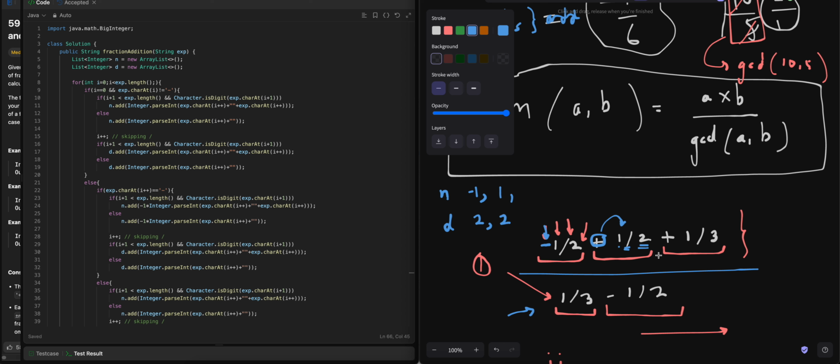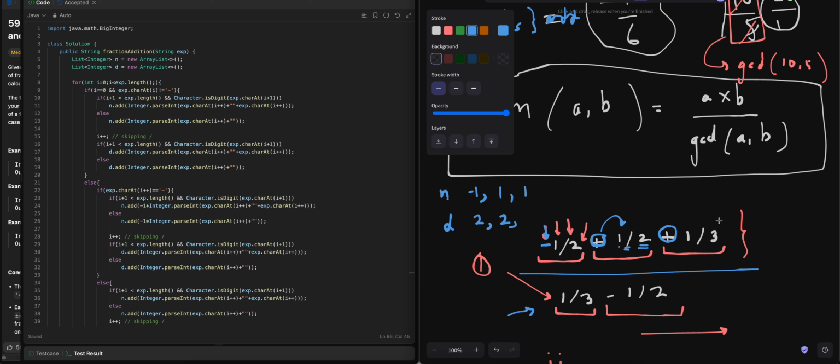Now again this is a positive sign, so we don't have to multiply the digit following it with -1. In this case it would be 1, and we check whether it is 2-digit. Since the character following it is a divide symbol, not a digit, we store it as it is in the numerator.